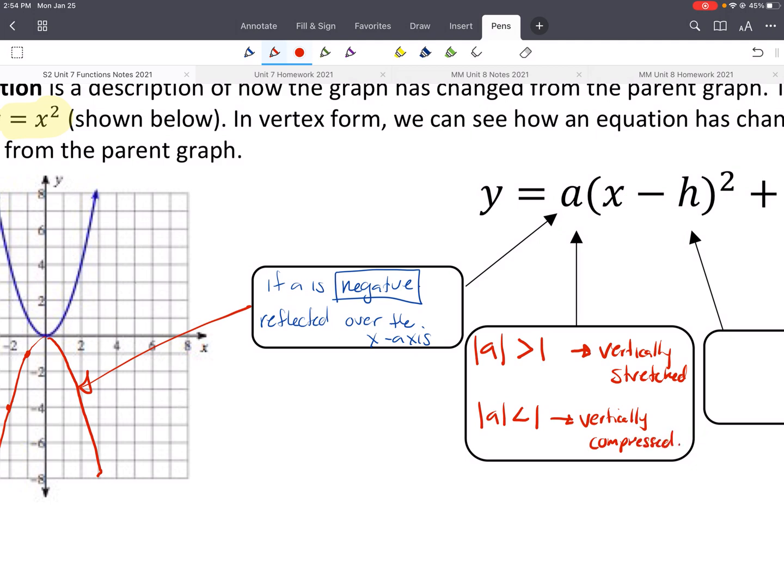Okay? And vertical is kind of important because it could be stretched horizontal. So let's just stick with vertical. It will be vertically stretched or compressed. So if it gets skinnier, it's being stretched. If a is greater than 1, it's stretched. Or if a is less than 1, it'll be compressed.